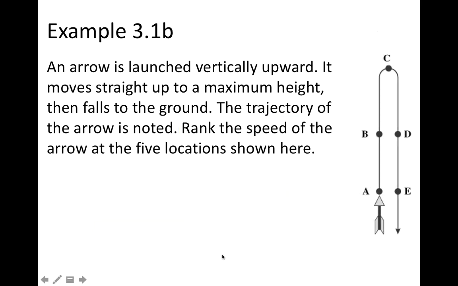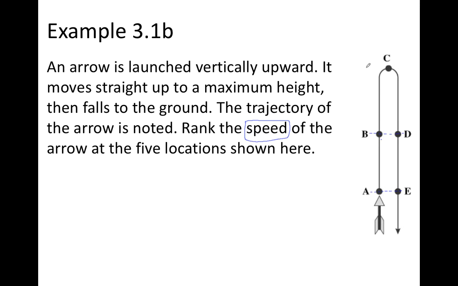In this example, we're asked about the same exact situation, but now it wants to rank not the acceleration, but the speed. So the thing to notice here is that points A and E are at the same height. Points B and D are at the same height.